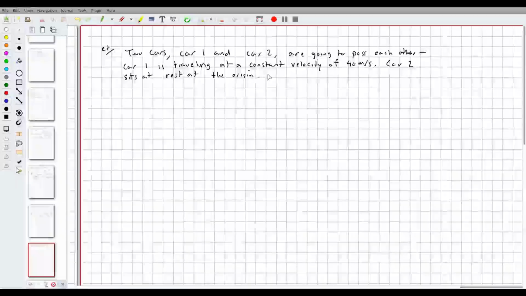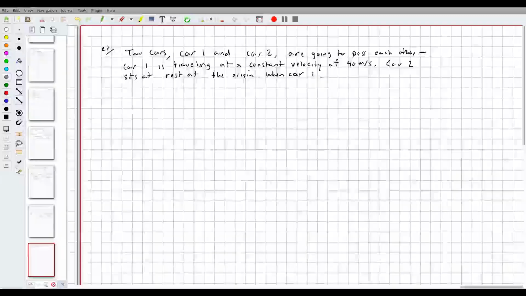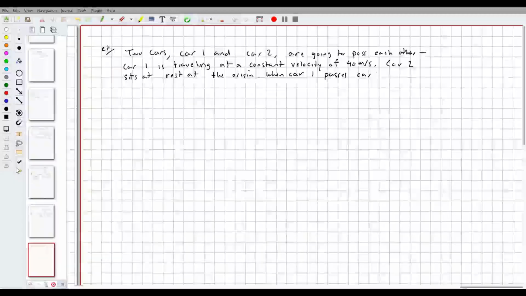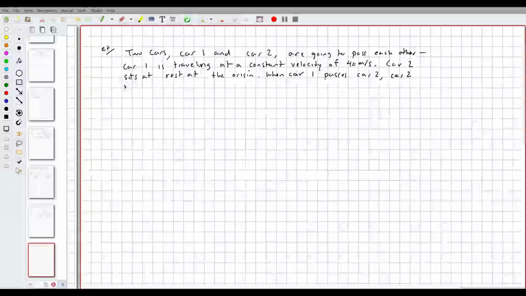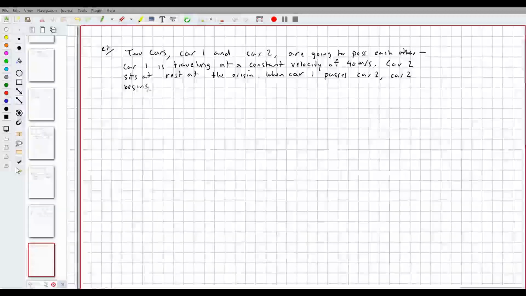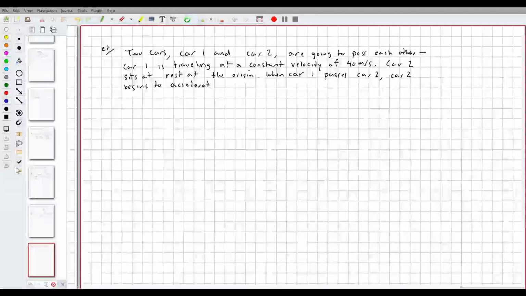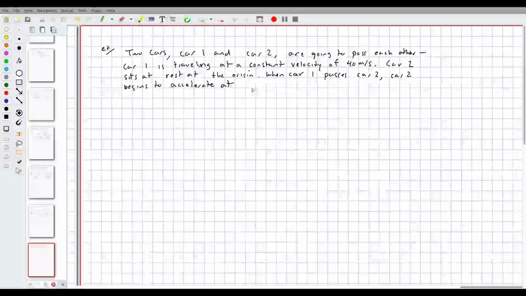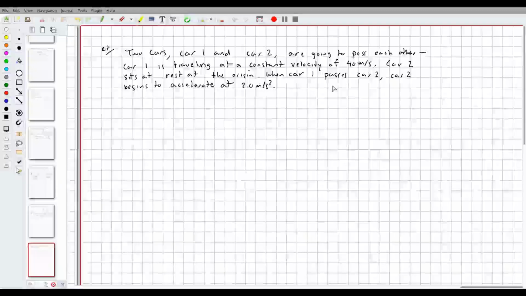Now, when car 1 passes car 2, car 2 begins to accelerate. It's going to accelerate at 2.0 meters per second squared.